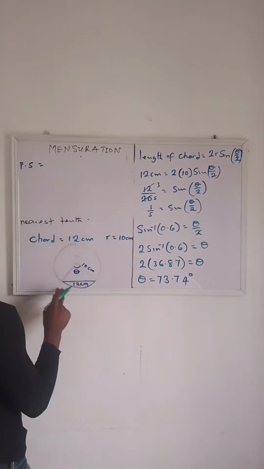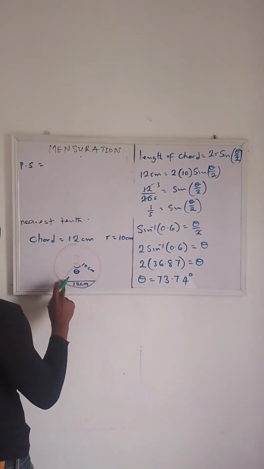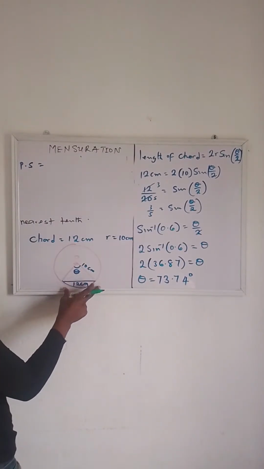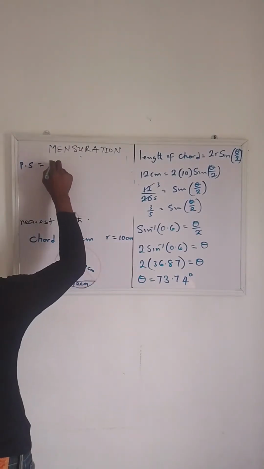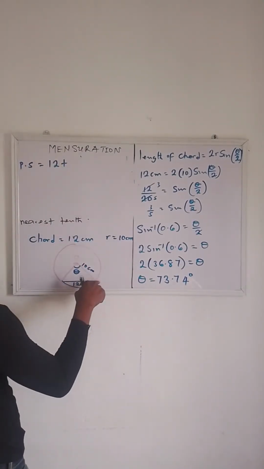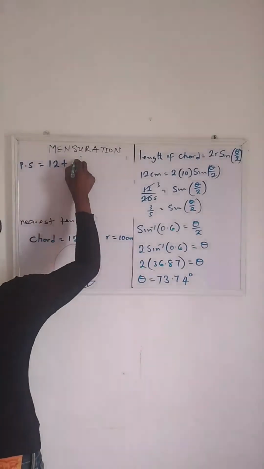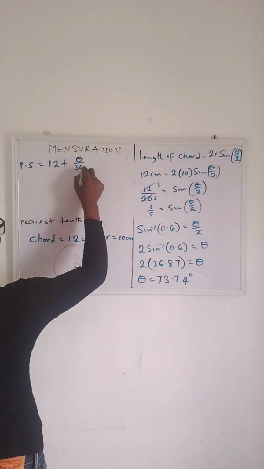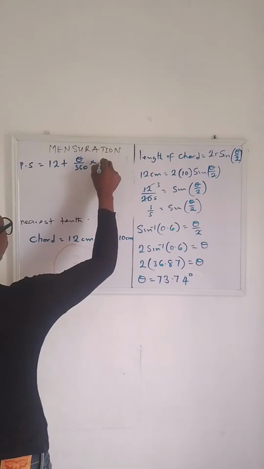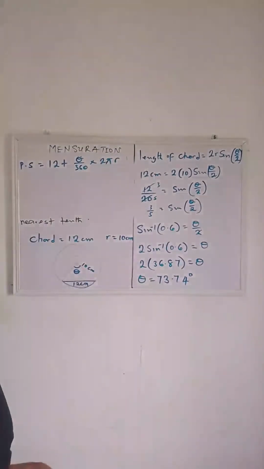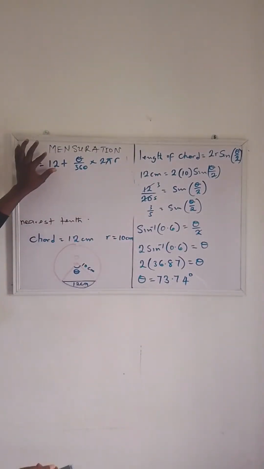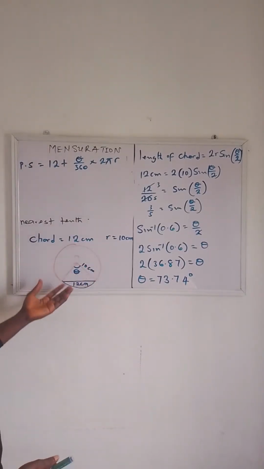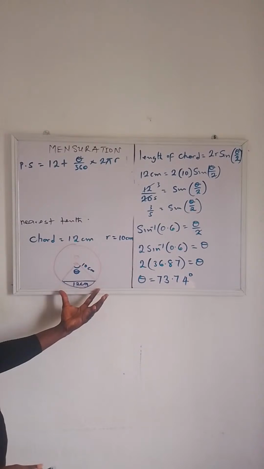That is going to give us length of chord. What is length of chord? In this case we have been given to be 12. So we have 12 plus length of arc. What is length of arc? Theta over 360 times 2 pi r. I hope you understand that there's no need for writing out the formula again for length of chord, since the length of chord has been given to be 12.